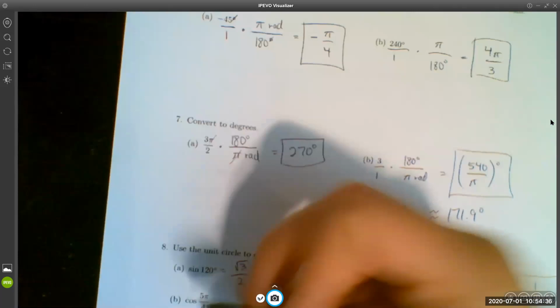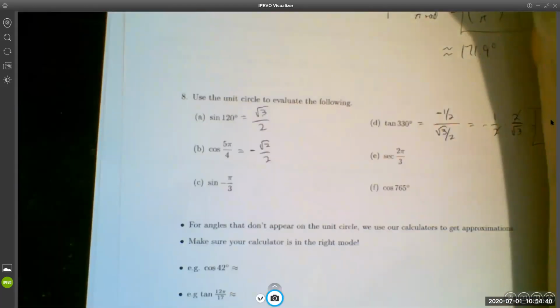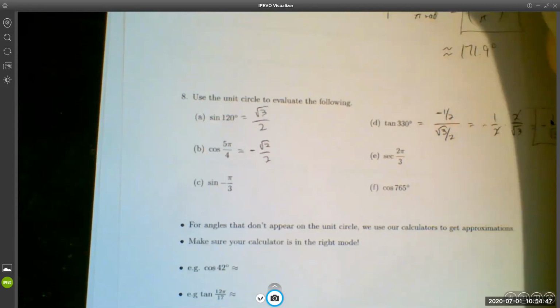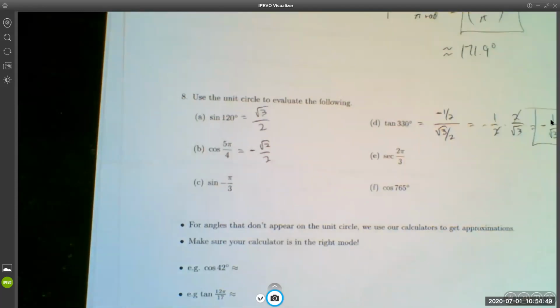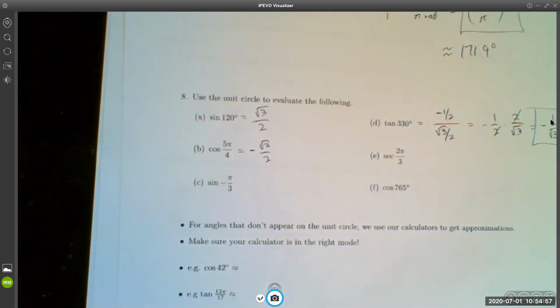Okay. Before I let you go off on your own, the sooner you can get the unit circle in your head, the better, right? So that instead of having to flip back, one of the ways that you can do this is by thinking about reference angles. I'm not going to get into all the gory details there. If reference angles is a completely foreign concept to you, then you might need to go back and review some trig.